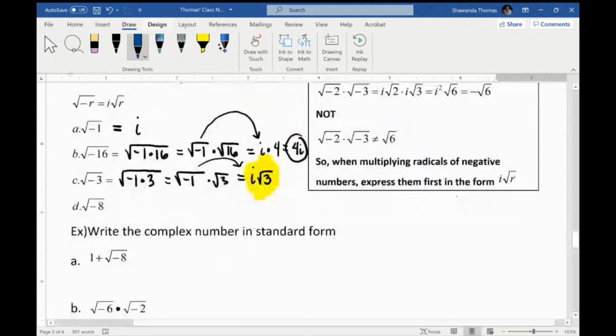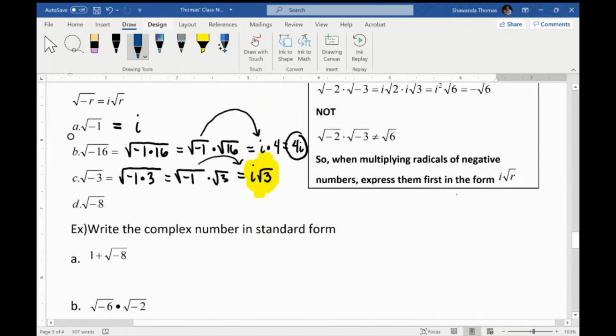All right, let's look at D, the square root of -8. Let's see how we can break that down. Square root of, we know it's -1. I always want to see that -1 separated from the other numbers. So -1 times 8. Is 8 a perfect square though? No, it's not.